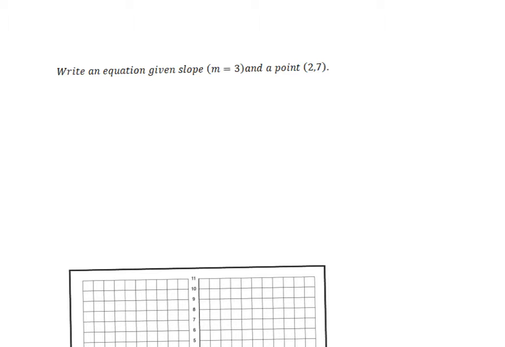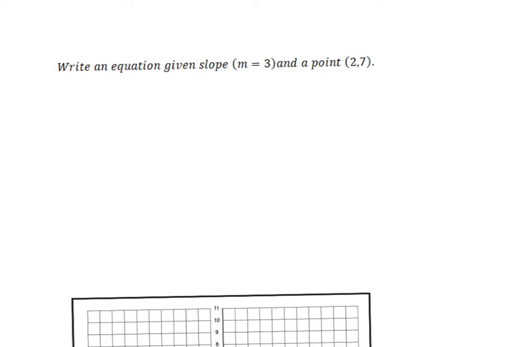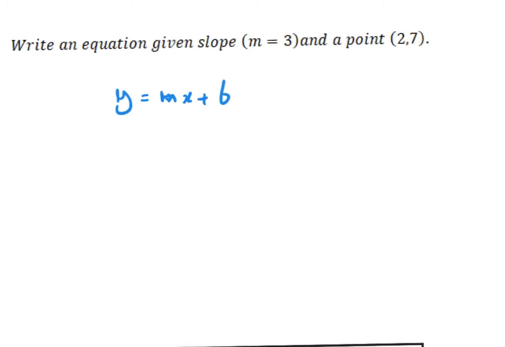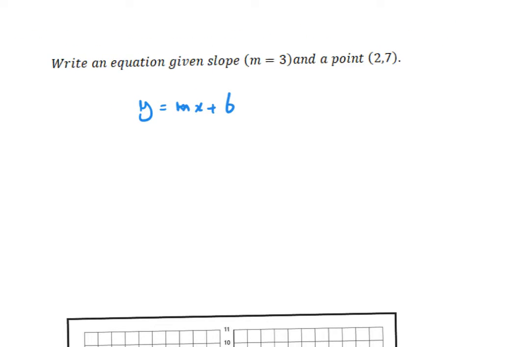Since we have the slope and a point, we can get the equation in slope-intercept form, which is y equals mx plus b. We have a slope here which is 3, so we can substitute m by 3, and we need to find b.